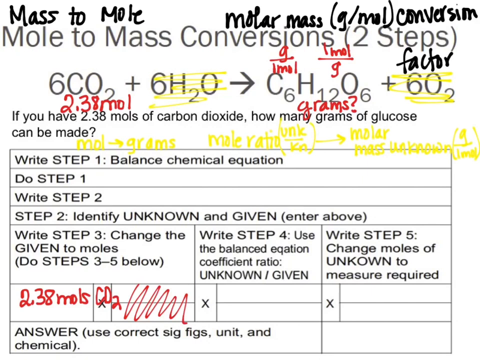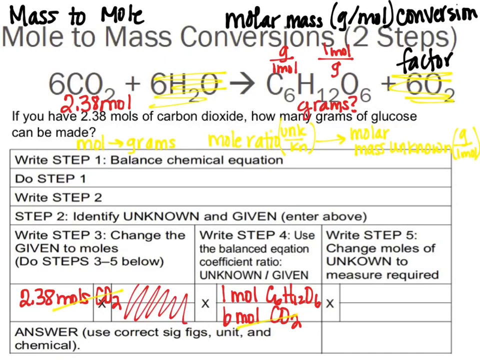So my unknown coefficient is glucose, and it is 1 mole. And we're going to put that over our known coefficient, carbon dioxide, which is 6 moles. So if we are doing our conversions right, moles of CO2 go away.